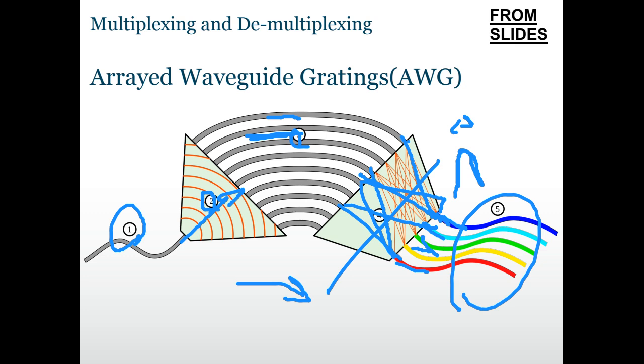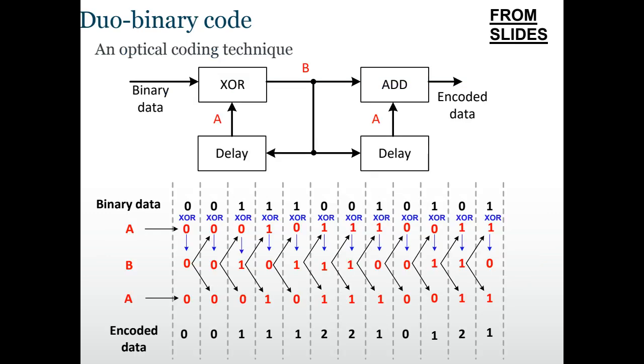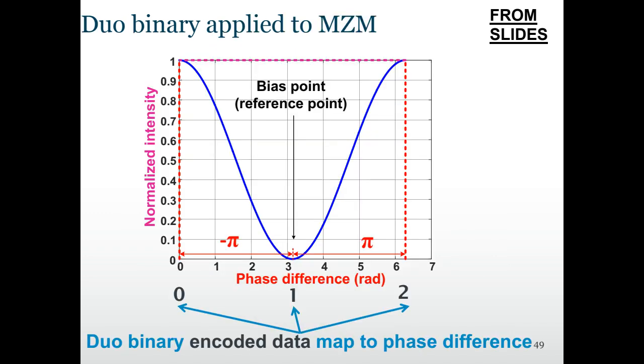So do you remember for dual binary code, the input is binary 0, 1, and then output we have 0, 1, or 2. So in this way, we can use two-way pi. So we map 0, 1, and 2 to binary optical output, so on or off, and then on.